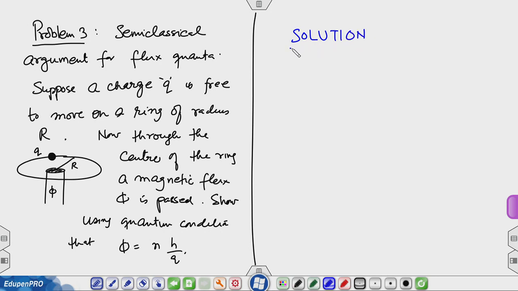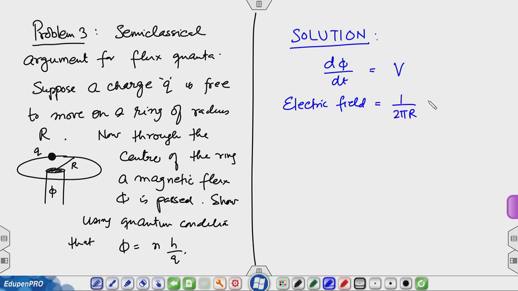So, let us look at the solution. When you pass this flux, d phi by dt is equal to the voltage developed, and the electric field is going to be equal to 1 over 2 pi r d phi by dt. I am not worrying about the sign.